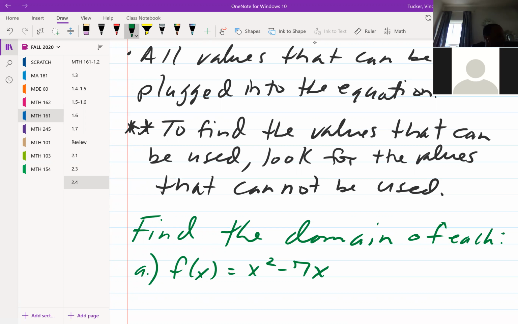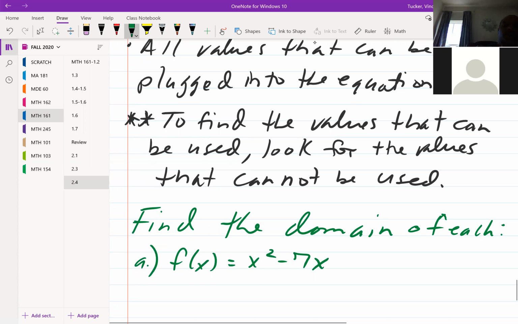All right. So looking at this first one, find the domain of each. The first function that they give us is f of x is equal to x squared minus 7x.